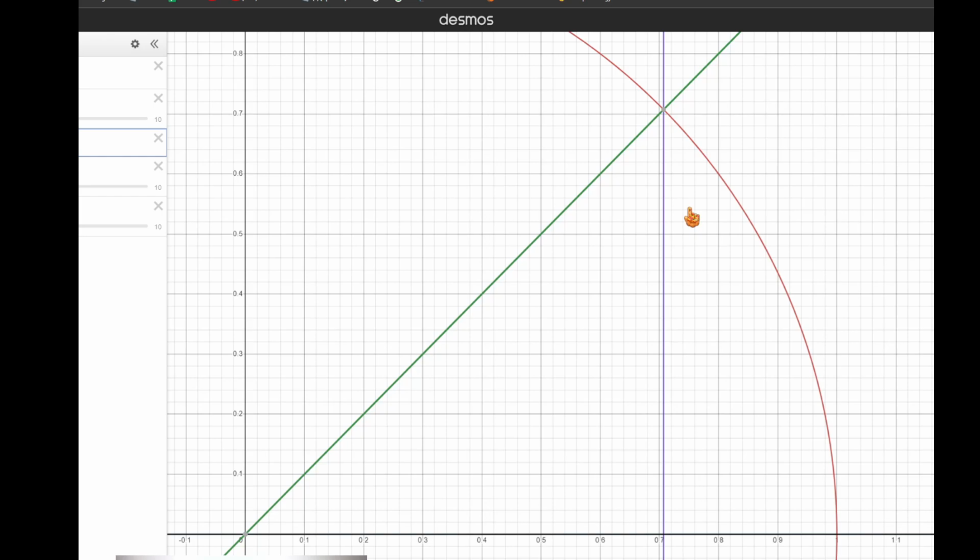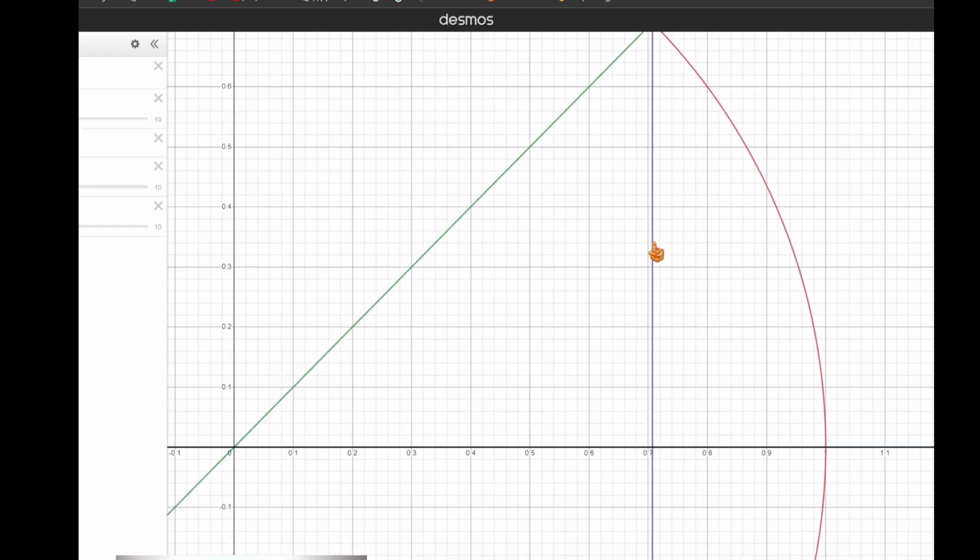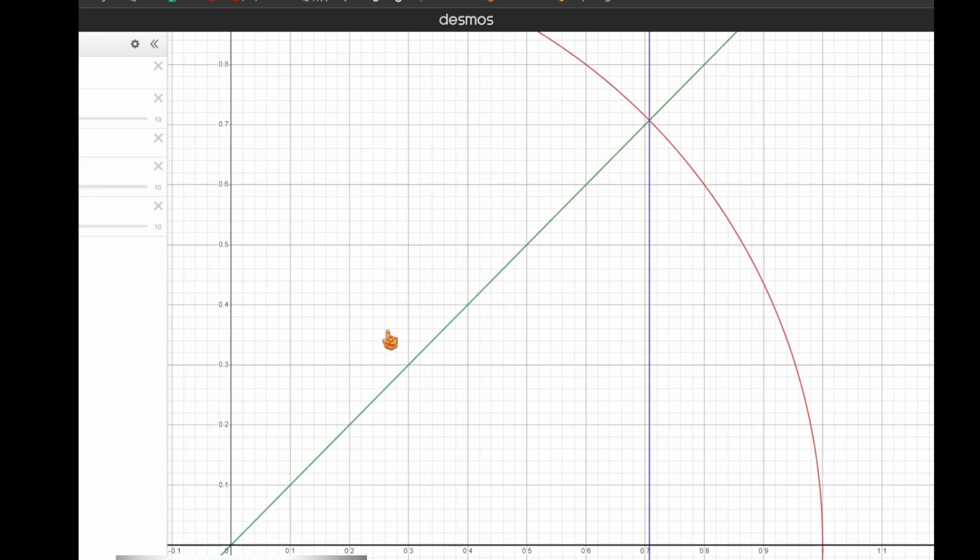Basically, this number is the length it's at if the radius were 1. And so we know that this is cosine, right? Sine of some angle is equal to 0.707 over 1.